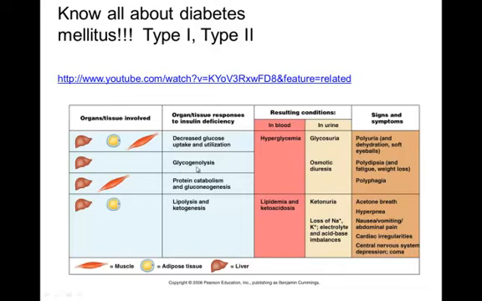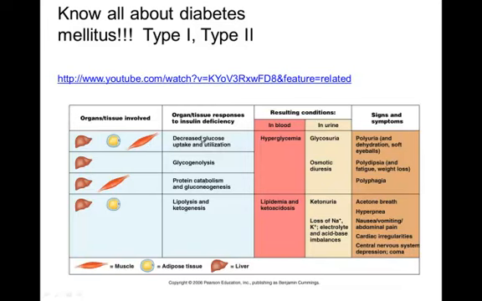Also, another reason your liver would break down more glycogen to release glucose is because our cells aren't taking up any glucose and we're losing weight. We're losing weight because we can't get any glucose in, and we're starting to break down our muscles, as you see here in this row right here.